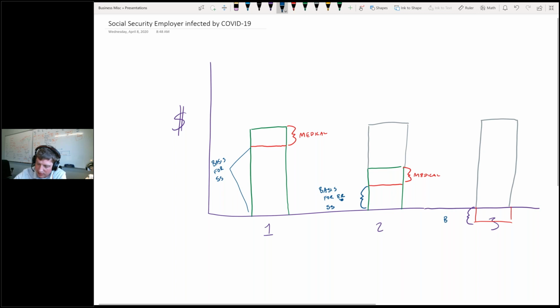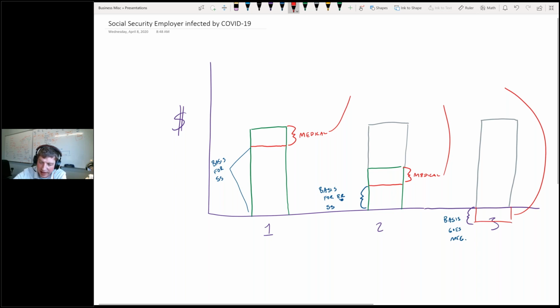The basis goes negative. And the question is, is that correct? Is it correct for the basis for the Social Security employer to go negative? And the answer is yes, it is. It is correct.